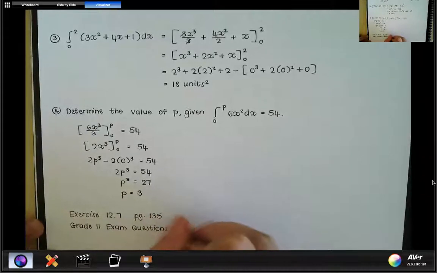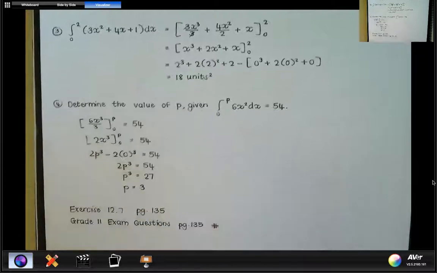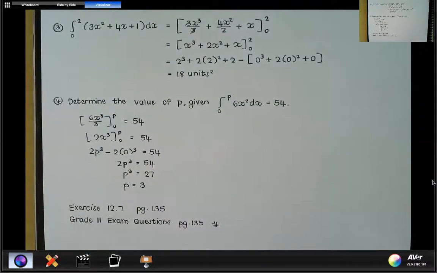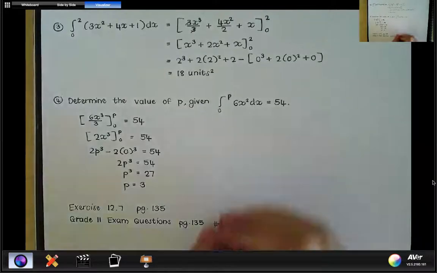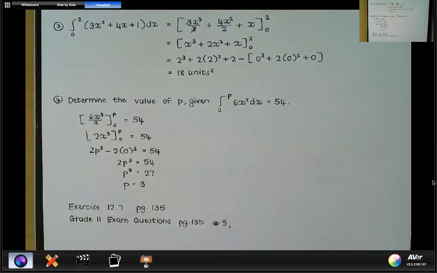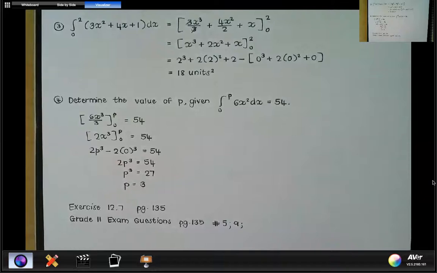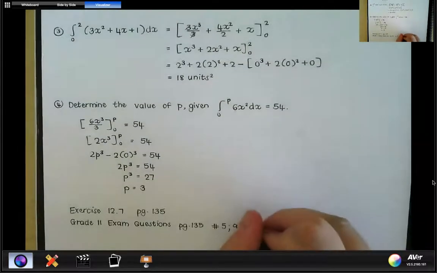Okay, now that whole exercise also starts on page 135, but I would like you to do numbers, let's see, number 5, 9, and 11, and 12.